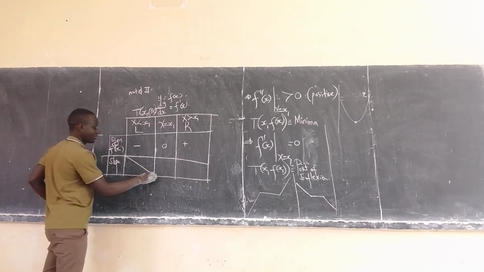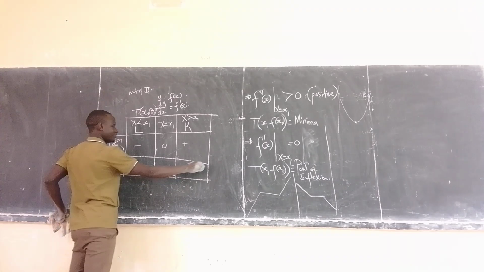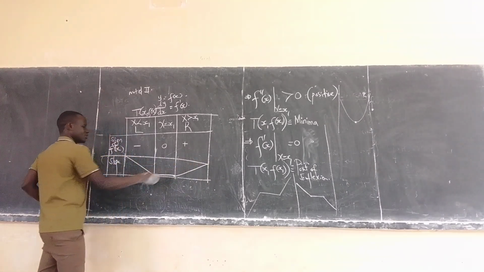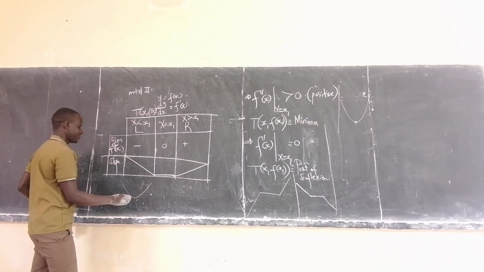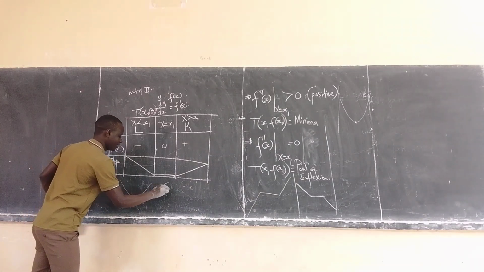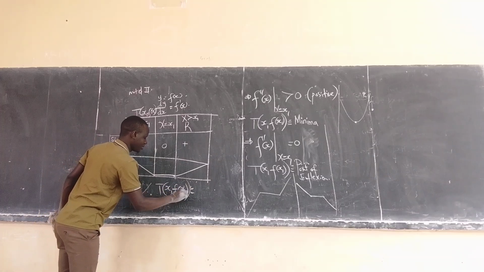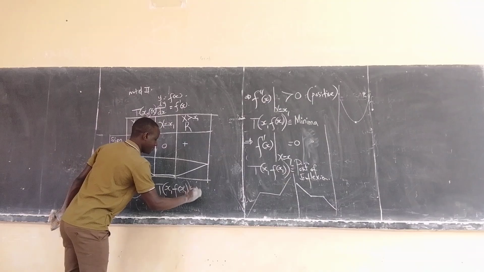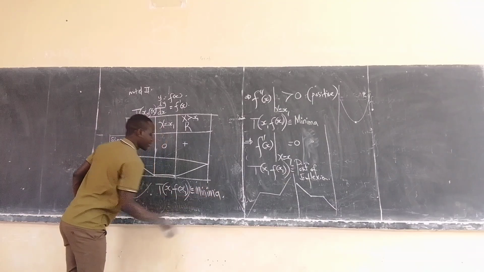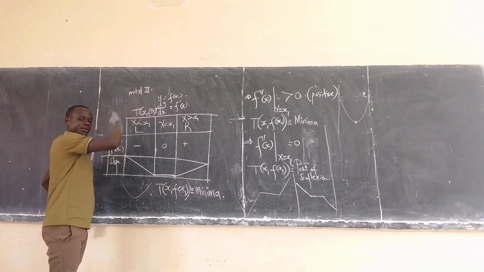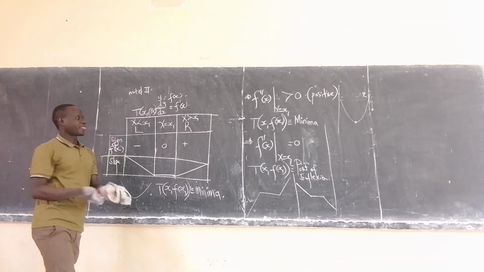When it is 0, it is a constant. When it is positive, it moves like this. So if it forms a U-shaped curve, it means that the turning point x1, f of x1 is a minima, because it is forming a minimum value of y or of f of x.